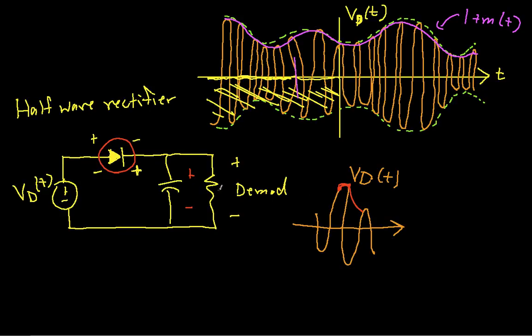And depending on the resistance and capacitance values, that affects how quickly this discharges. Once I get to the point where V sub D is going higher again than the capacitor voltage, the diode turns on, the capacitor charges up until we get to the peak where V sub D starts to decrease. When that happens, the diode turns off, the capacitor starts to discharge through the resistor.